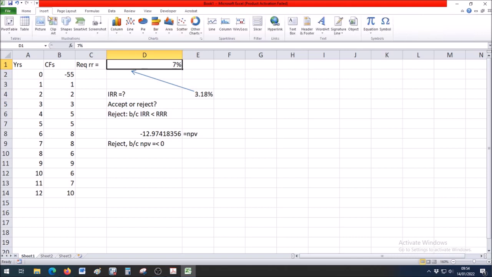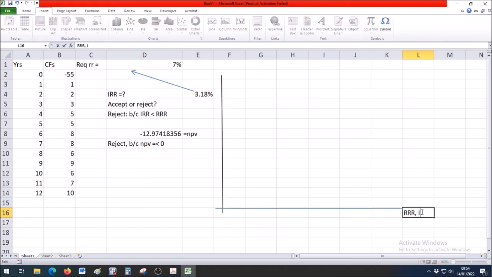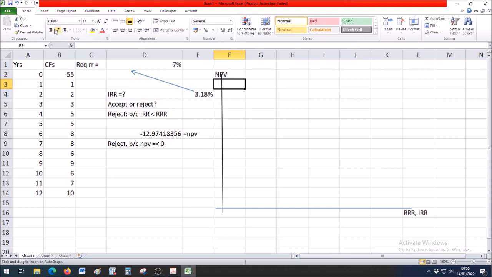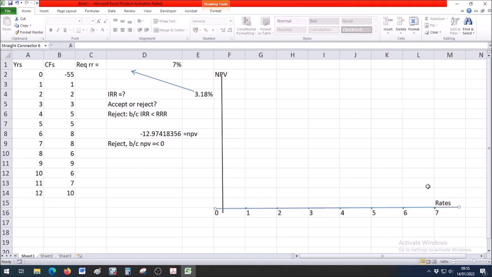So let's put that on a chart, internal rate of return, both rates here, and let's have NPV on the vertical axis. Now the thing is, right now NPV is negative when the required rate of return is 7. Actually, let's put some numbers there so you know where we are. So perhaps this is 0, that's 7, and this is rates.